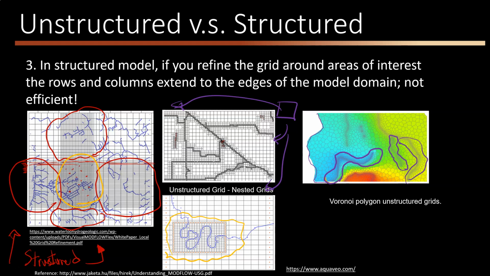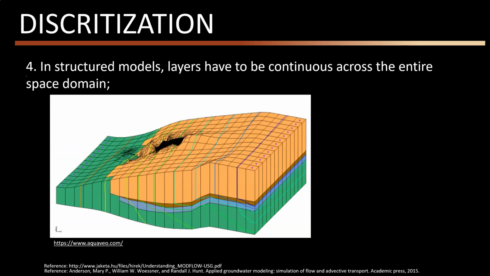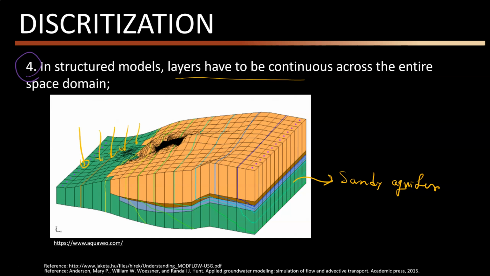Another big difference here is that essentially in the unstructured models, layers have to be continuous across the entire space domain. What does it mean? For example, as you see here, suppose that I have a sandy aquifer here, which extends like this, and actually this is the recharge area of my confined system.